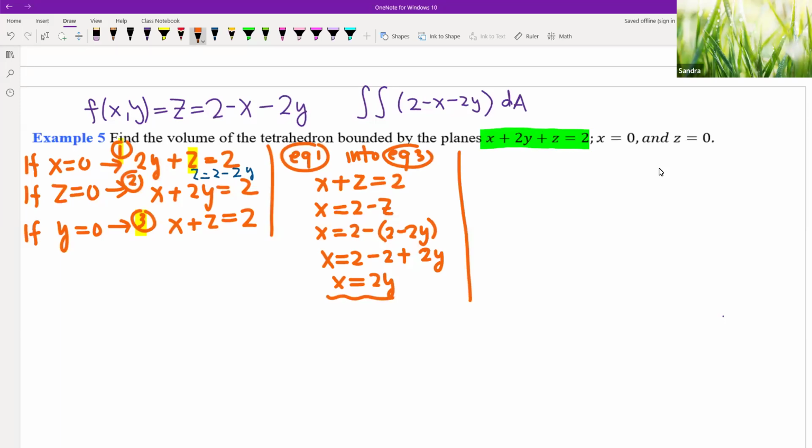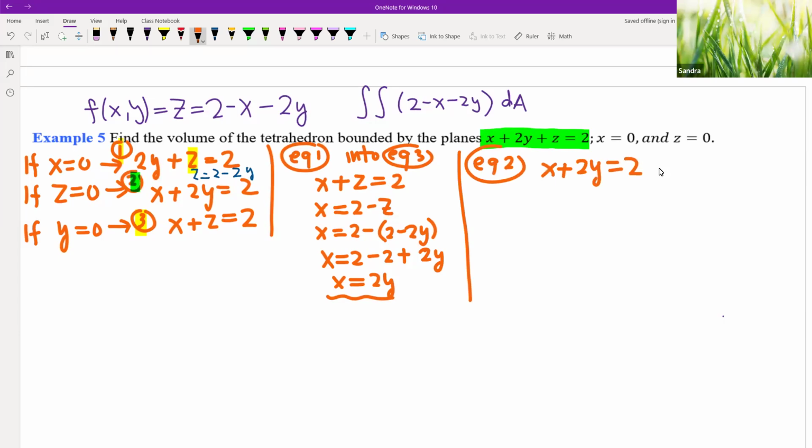Okay, now playing around with these equations, I want to come up with another equation. What if we use equation 2 by itself, since equation 2 already has x and y? So x plus 2y equals 2.